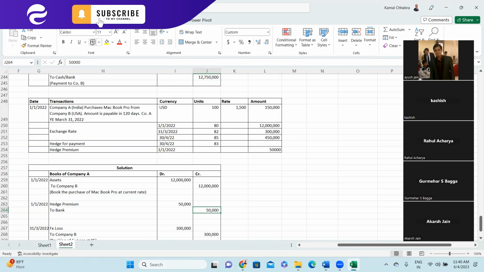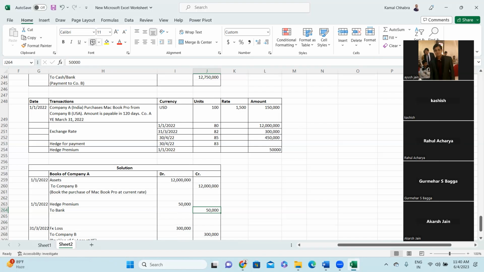I'm coming to that, like how this arrangement generally happens. Bank has a wider portfolio, so bank earns money on anything and everything in each transaction. So maybe from India, let's say Gurmehar went to the bank: I need $150,000 after 120 days, and I want to hedge this transaction.